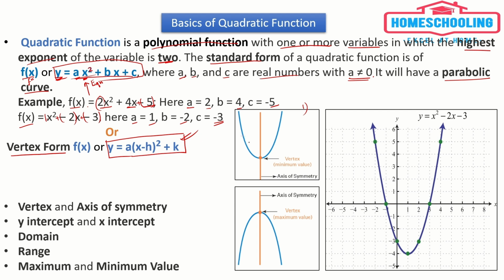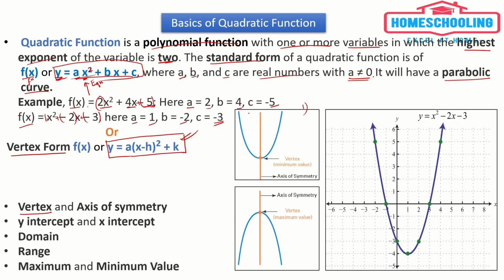Now, there are some basic terms in a quadratic function. The first one is the vertex. So what is the vertex? The vertex is a point where the function has a maximum or a minimum value. This is a quadratic function, and when we put it on a graph, we get a parabola with an opening in the upward or downward direction.